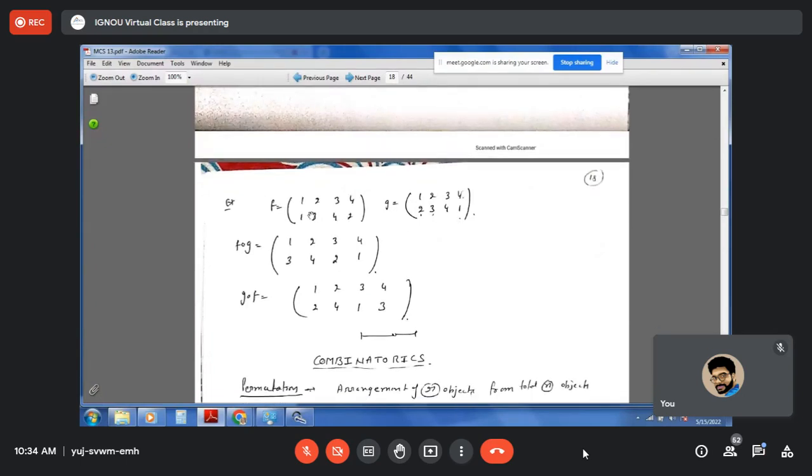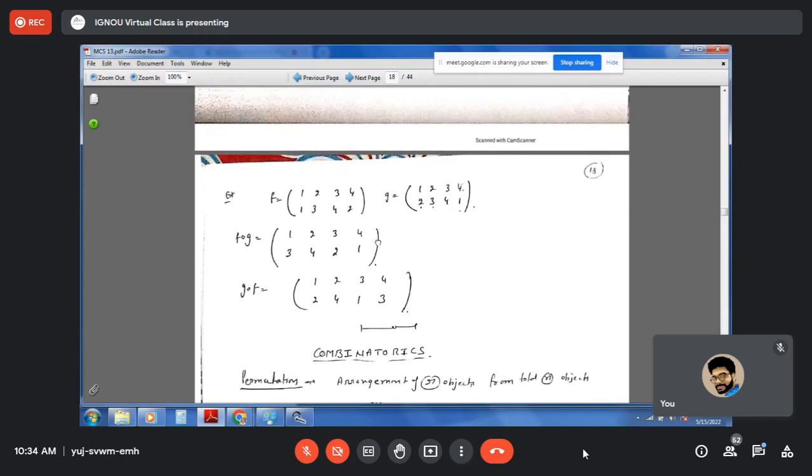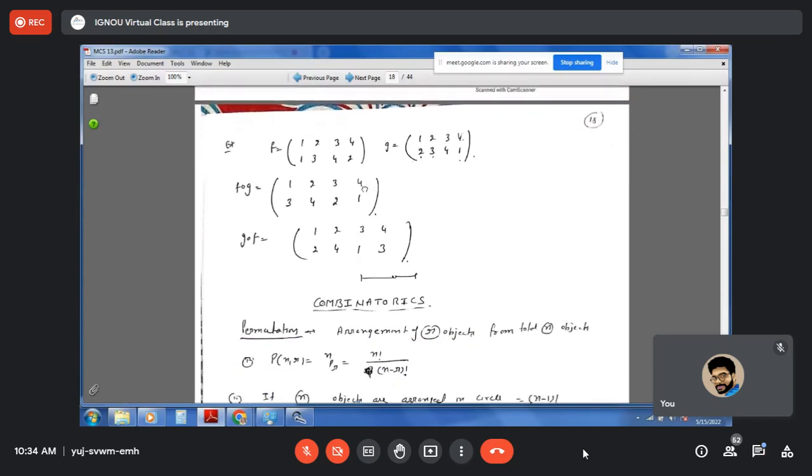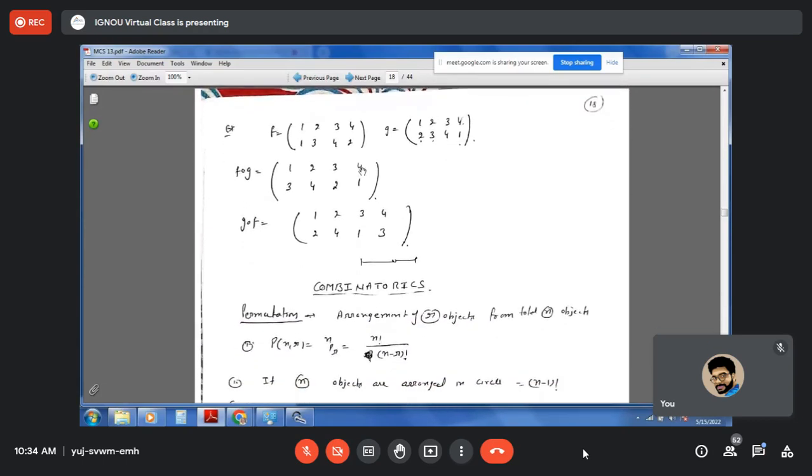Here is an example. You can do it yourself. Yes, one question, sir. The above example was of permutations, right? How can we correlate that this is a permutation example? What is the permutation here in the example? I just told you. See, it is another example.